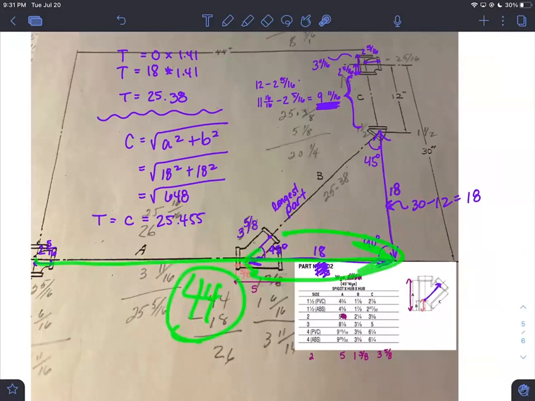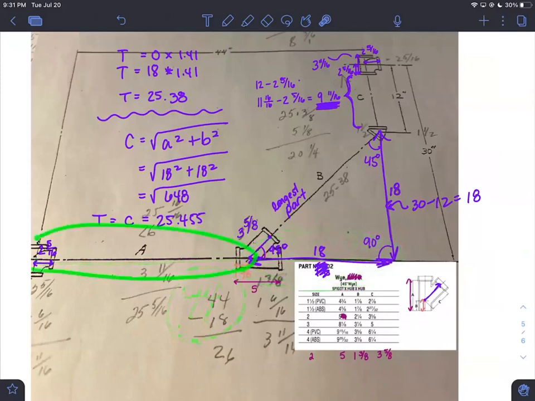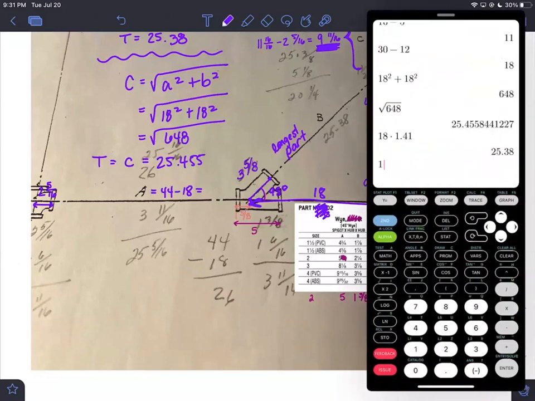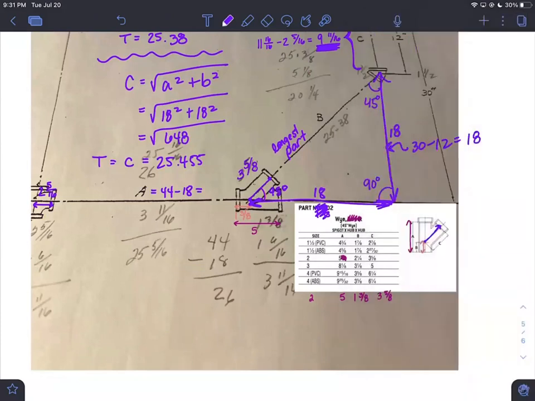This is 18. So that means this has to be 44 minus 18, which is 26. Okay, so 26 is the number from here to here.